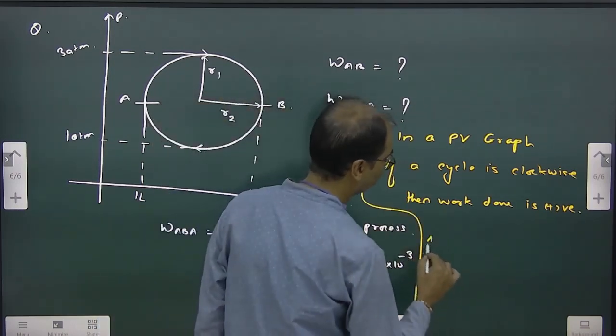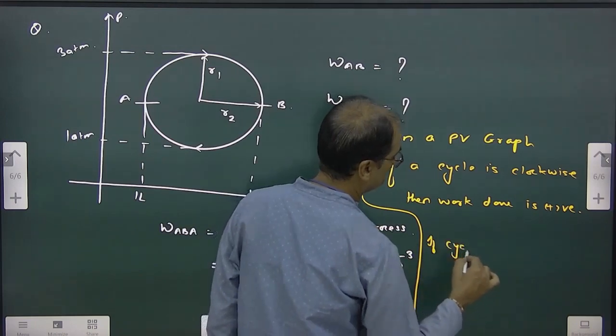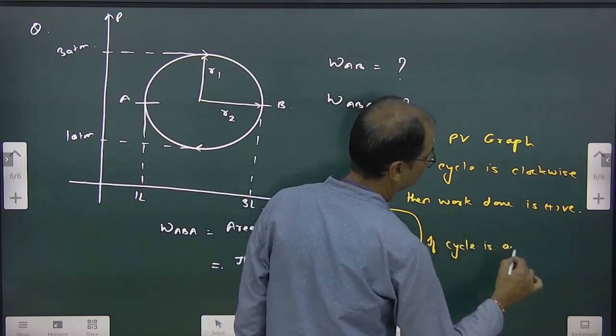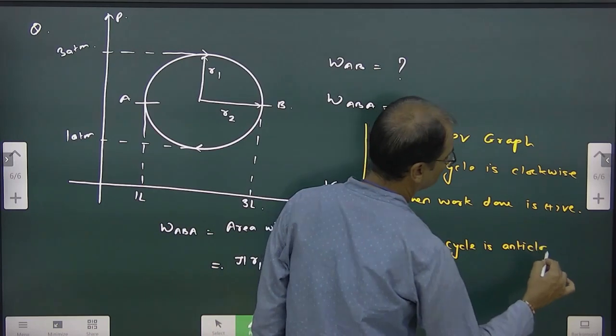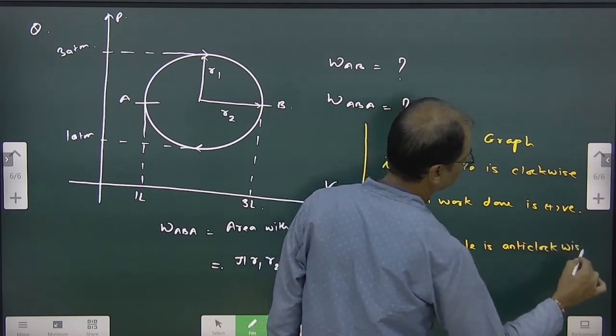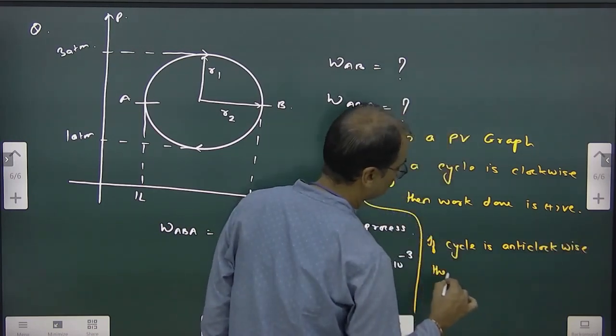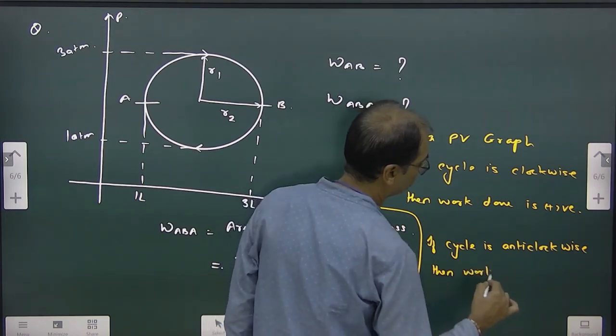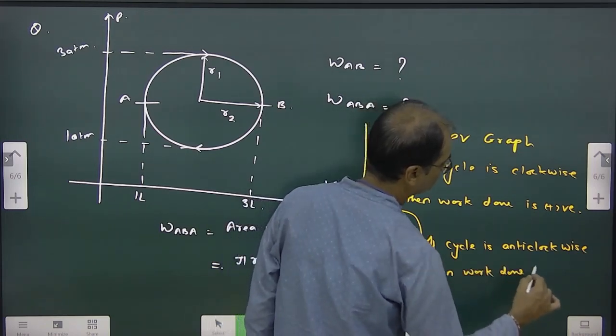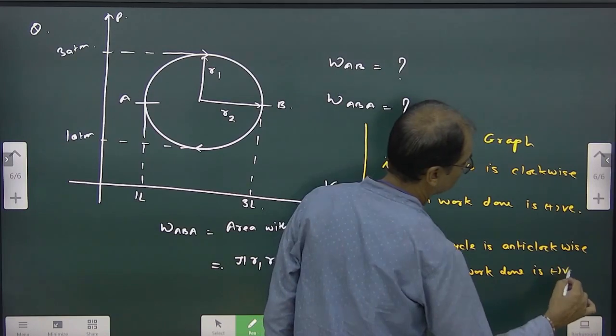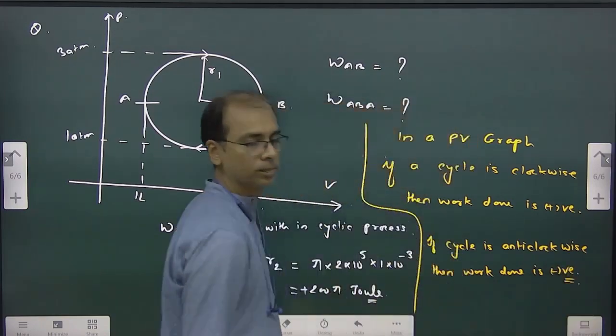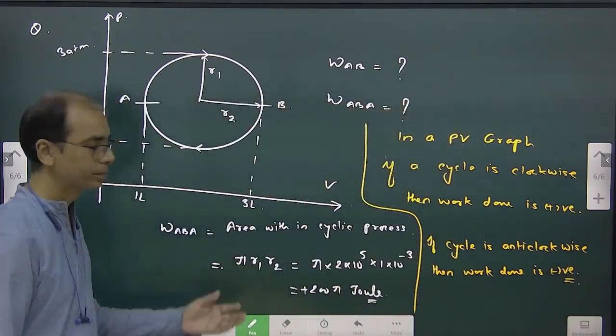If cycle is anti-clockwise, then work done is negative. Then note this.